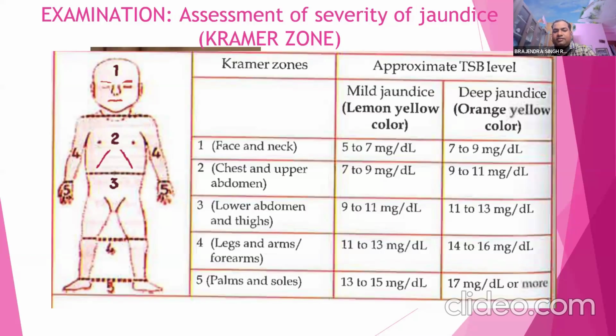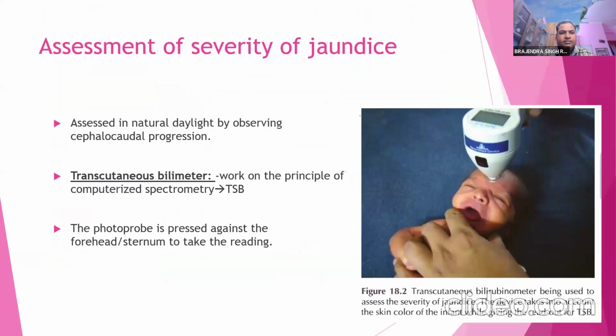In the fourth zone, and in the fifth zone, palm and sole, lemon yellow means a cutoff of 13 to 15, and deep jaundice, orange color, means more than 17.